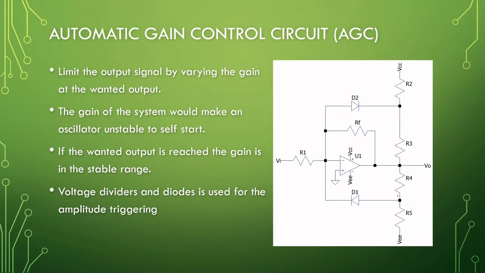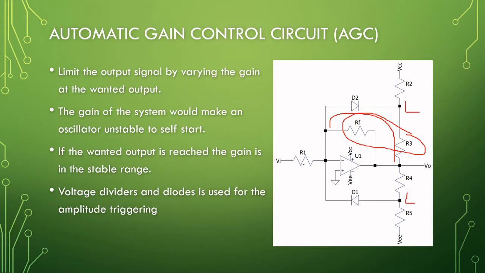Let's say the top one activates, then we have a path through here, making RF and R3 in parallel with one another. So the moment the limit is reached, our gain will change.